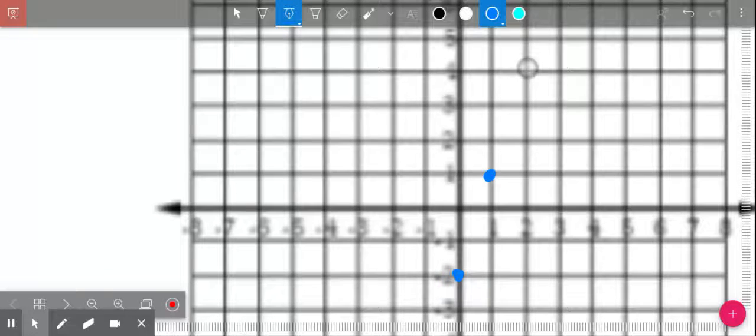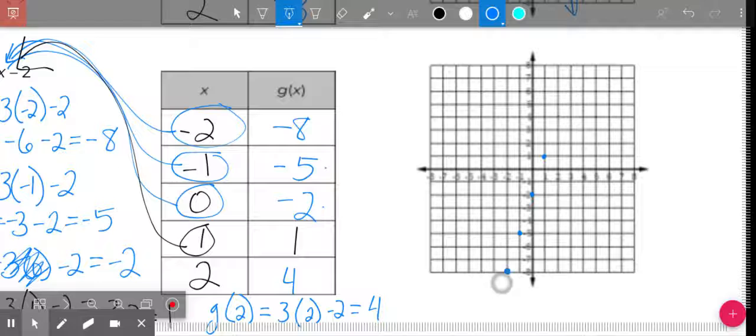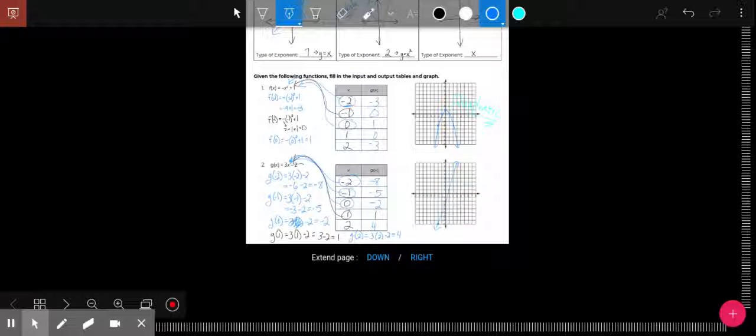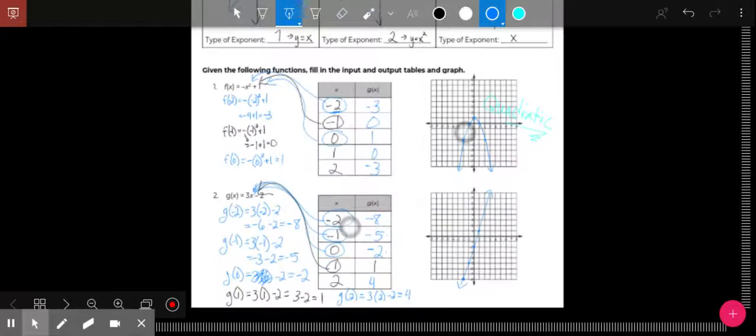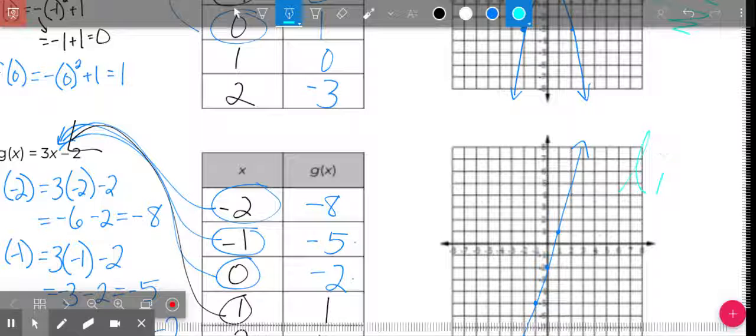And then 2, 4. I'm going to connect all of our nice points. And then we're good. All right. So we've got 2 awesome graphs. This one's a nice straight line, so we know that it's going to be linear.